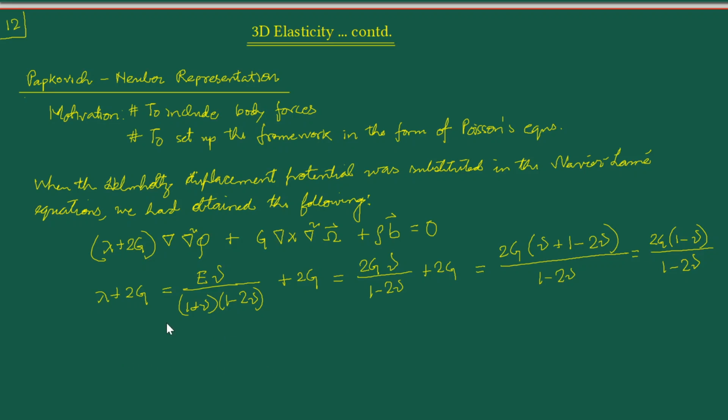If we substitute this back here, what we obtain is twice g, 1 minus nu divided by 1 minus twice nu, grad del squared phi, plus g curl of the Laplacian of omega vector, plus rho b vector is equal to 0.